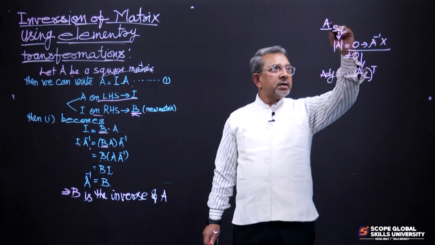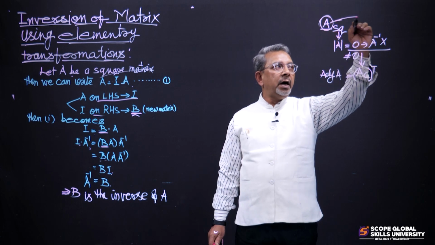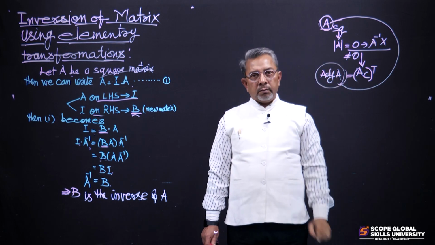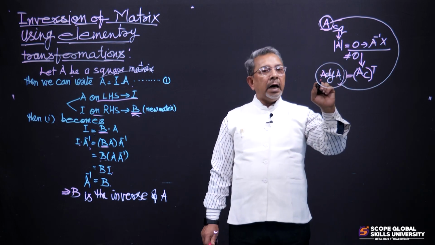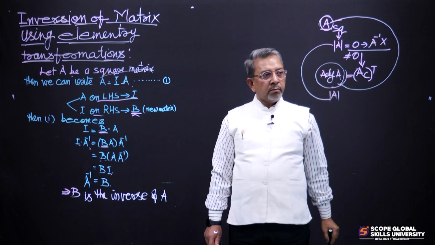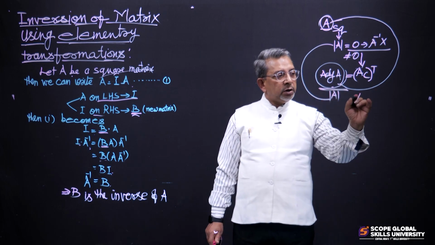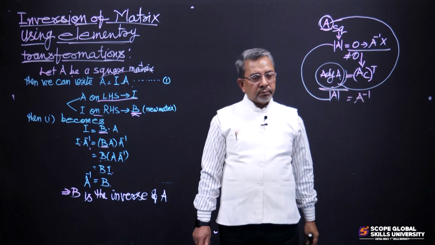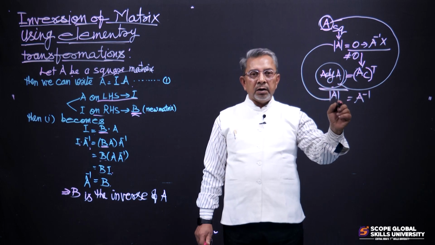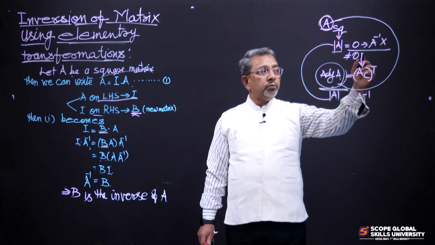So in this procedure, a given square matrix A is reduced to the form of adjoint of A, and this adjoint of A is to be divided by the determinant of A, and this division gives you a new matrix which is known as A inverse. And since we have to divide the adjoint of A by the determinant of A, that's why we considered that the determinant of A must be non-zero.